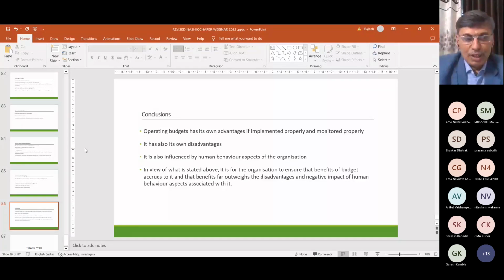When we talk about zero-based budgeting, we talk about the absolute sense that my top line I expect to be this value.